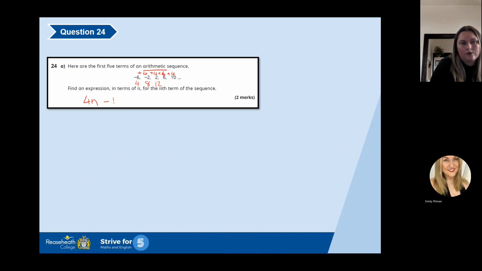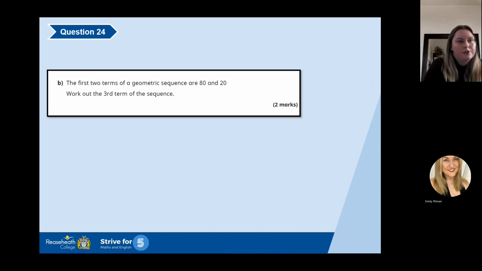It's going backwards, so it's 4n minus 10. If I had a number scale and I did minus, that would go back 10 spaces: 1, 2, 3, 4, 5, 6, 7, 8, 9, 10. So it's minus 10.